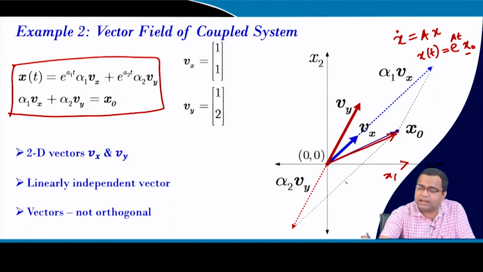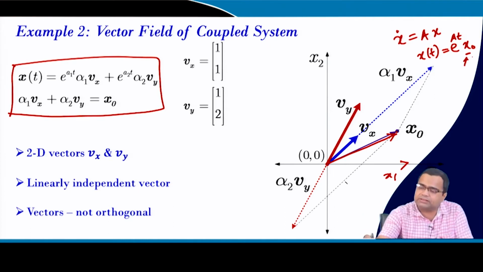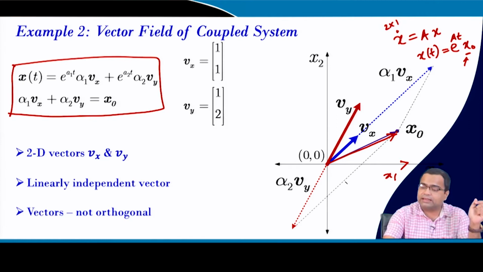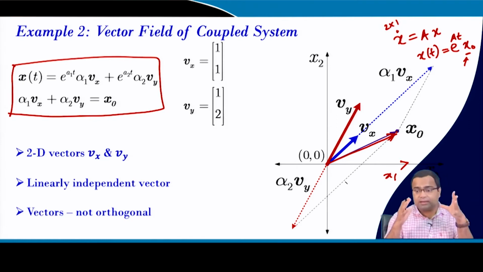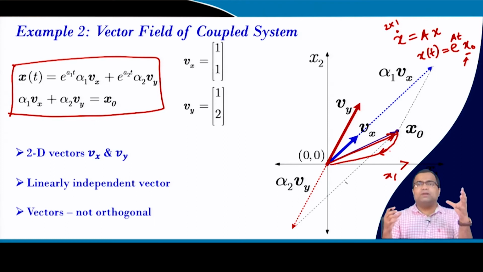So far at t equal to 0, because this is a 2 cross 1 two dimensional vector, we are able to locate the initial vector in the two dimensional plane. But we want to see how this point moves if the system is stable, how does this point move in this two dimensional plane, what is the trajectory and how to draw the vector field.